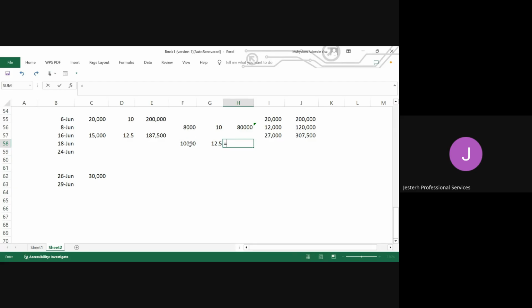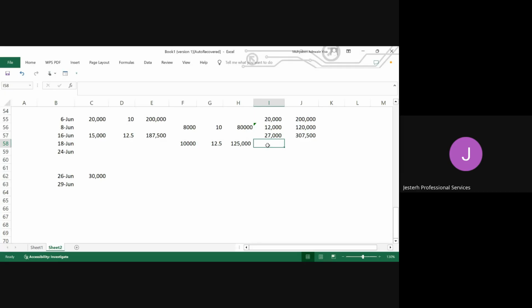Now, what is the value? 10,000 multiplied by 12 naira 50 kobo gives us 125,000.